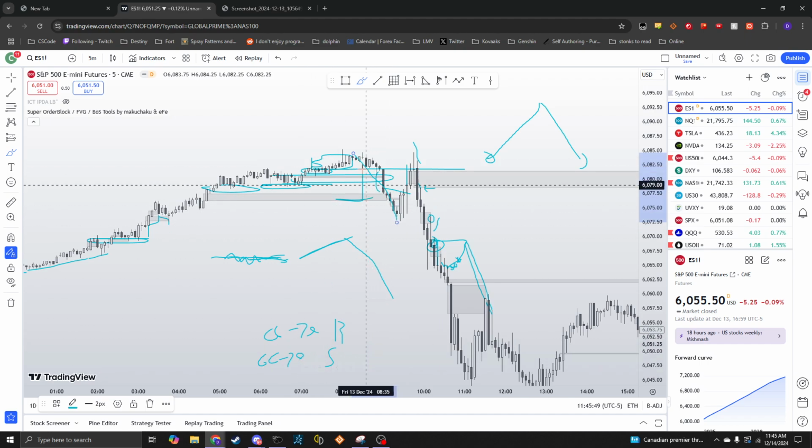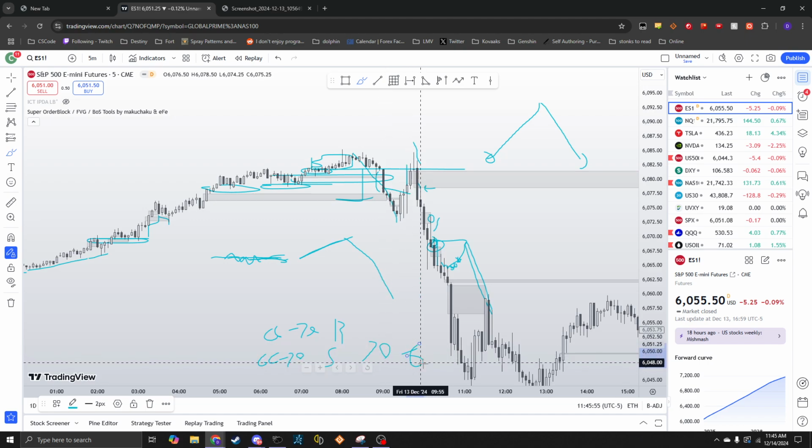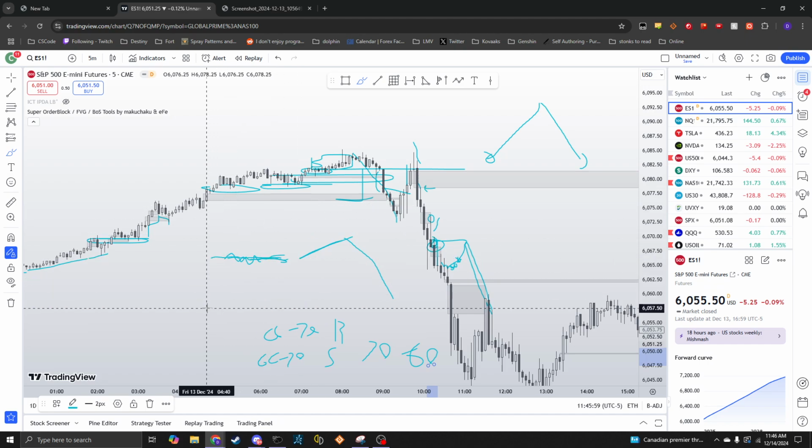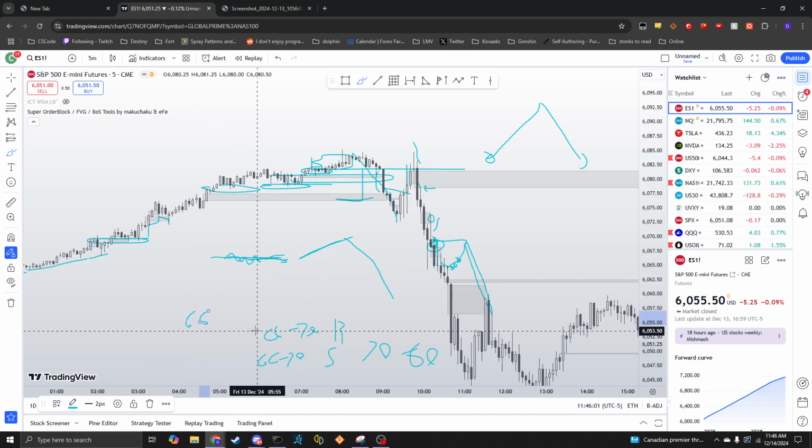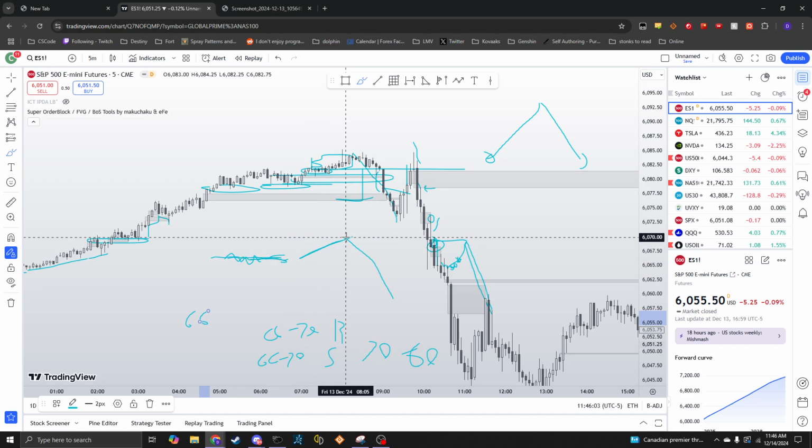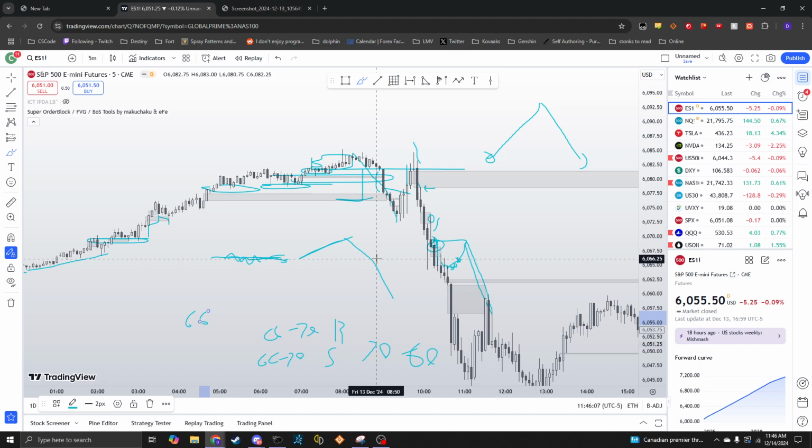So now for sell side, say we went from 70 to 60. We did 66 cleanly. We did 66 to 70 buy side, 66 to 70 sell side. Actually, we went 70 to 60 sell side.